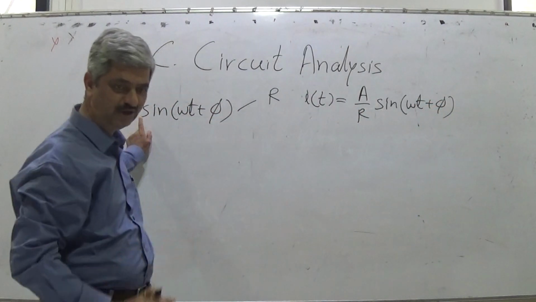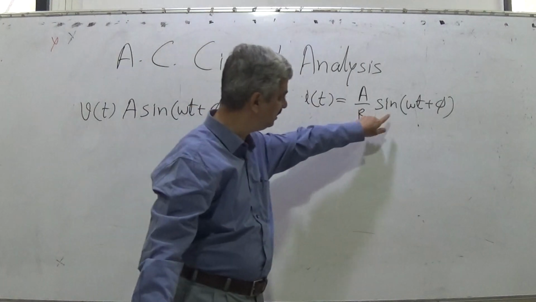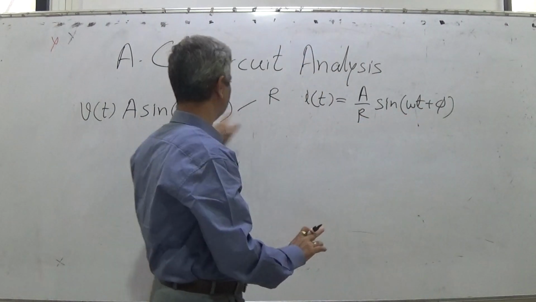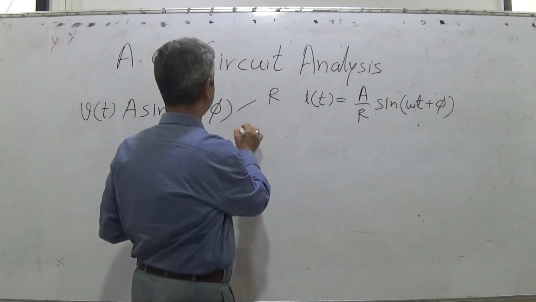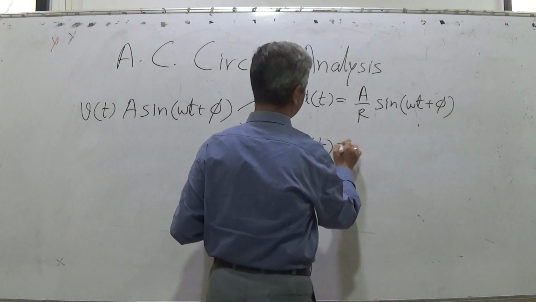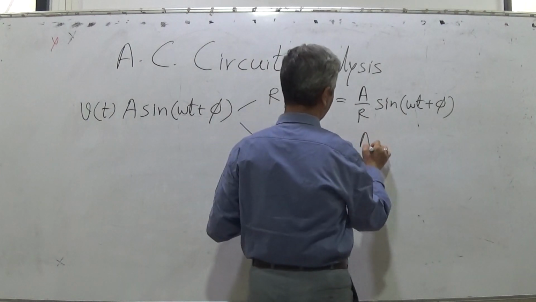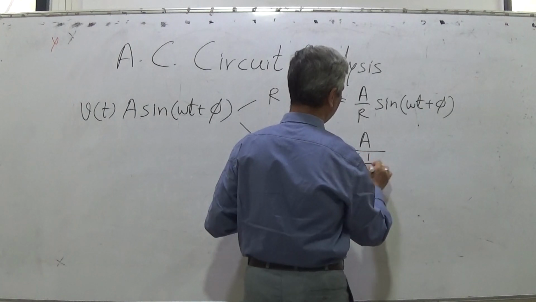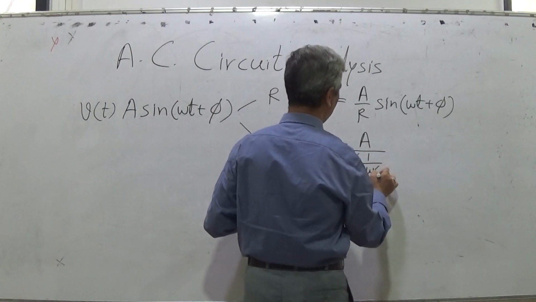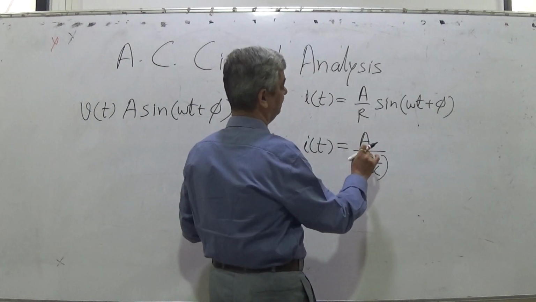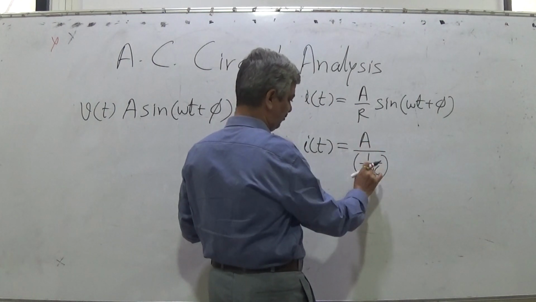So for sinusoidal voltage, there is sinusoidal current of same phase. So voltage and current are in phase. For capacitor C, I(t) is equal to A upon 1 upon j omega C, or we can multiply by minus j upon omega C.